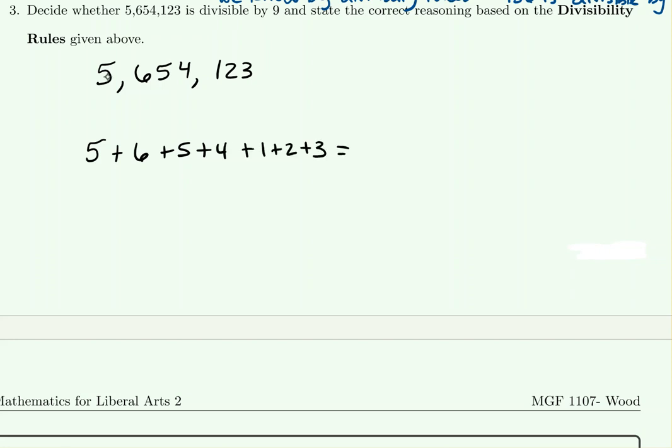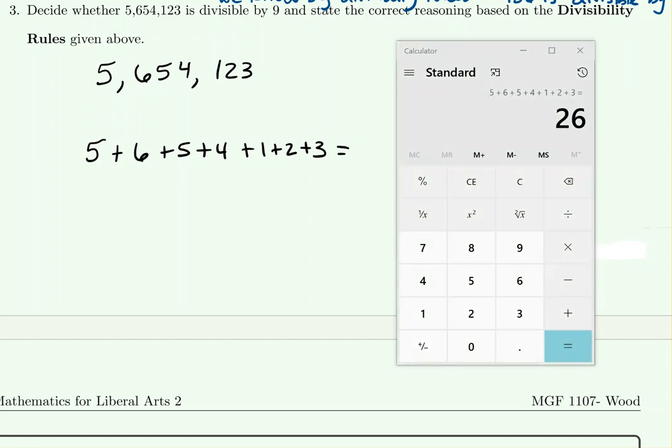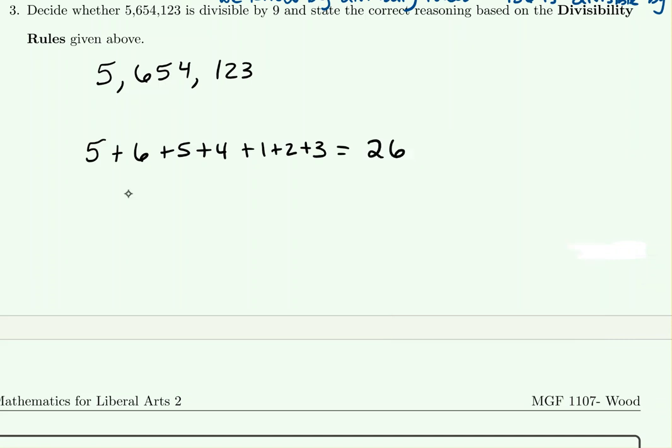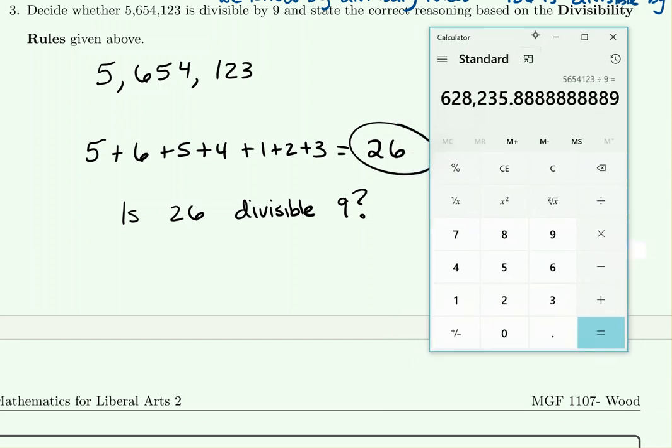So we're adding up all the digits together, and we get 26 as our number when we add all the digits. And now, based on the divisibility rule, we need to ask ourselves, is this resulting number, is 26 divisible by 9? And we would just ask ourselves, does 9 evenly go into 26? No, there's no multiplication rule that says that. Remember, 9 times 3 is 27, but 9 does not divide evenly into 26.